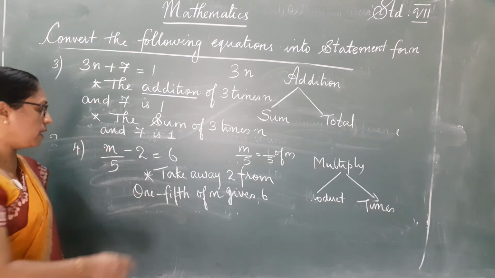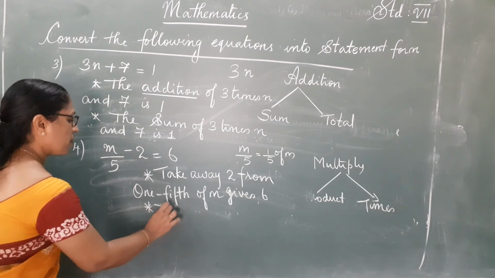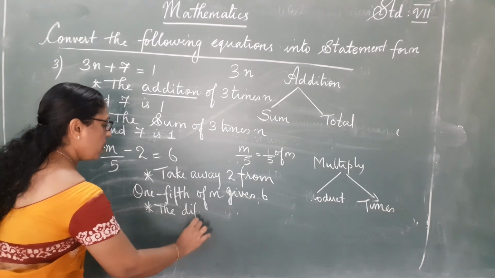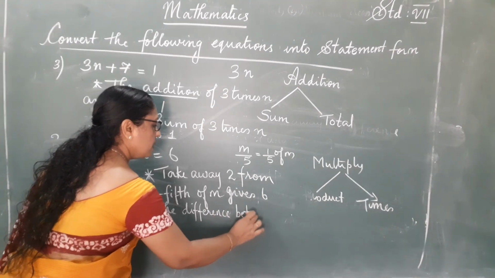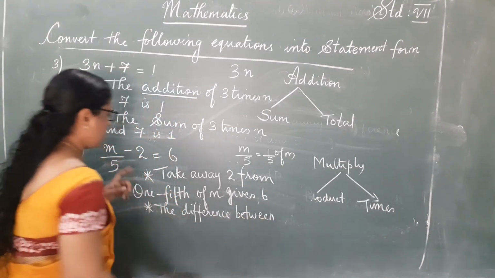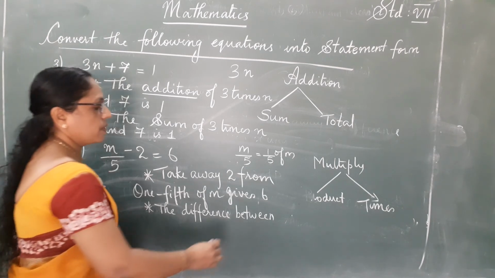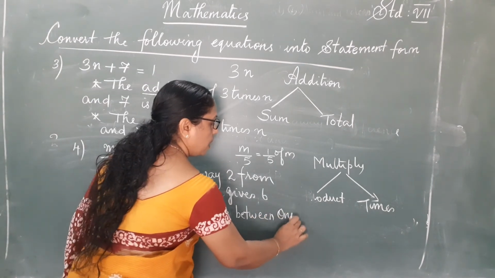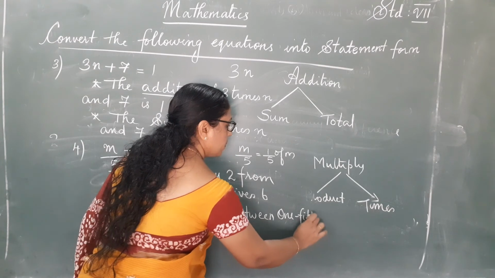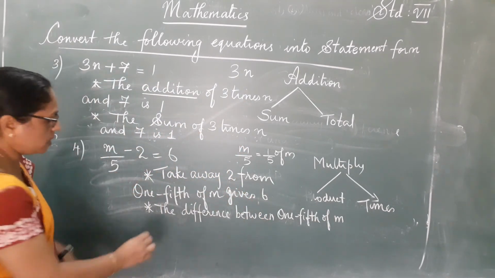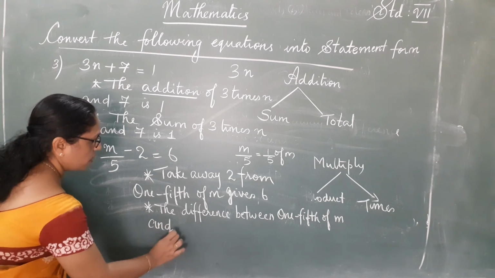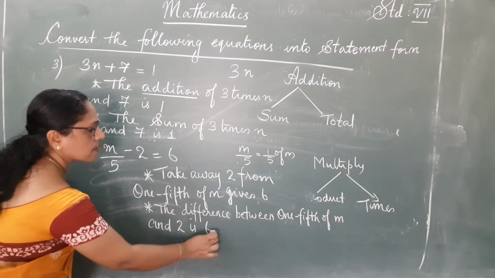Another way, when you start with the difference, you have to use the word between. The difference between 1 by 5th of m and 2 is 6.